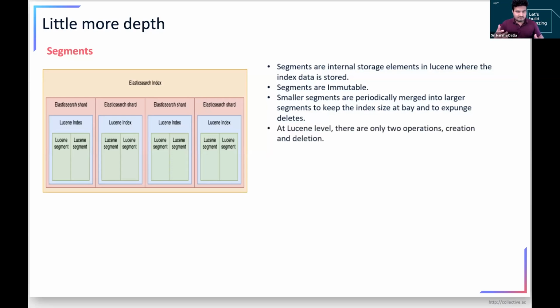By the statement that segments are immutable, you can understand that there is no operation other than creation and deletion at the Lucene level. Even though you see an update API in Elasticsearch, it's not actually doing an update at the segment level.